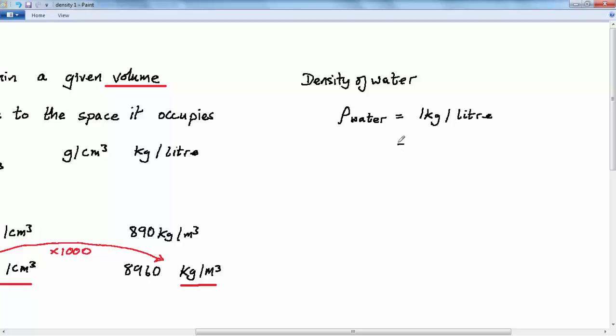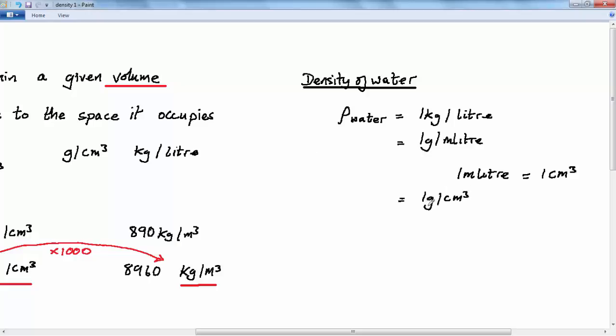And we could also write that as 1 gram per milliliter. And we remember that 1 milliliter is exactly equal to 1 cubic centimetre.